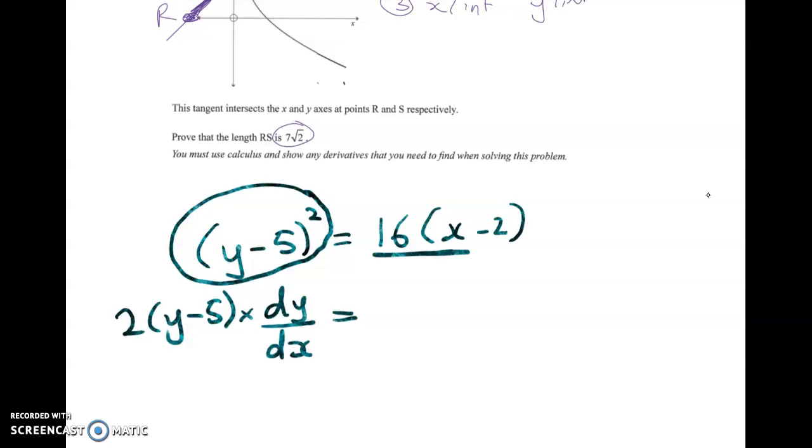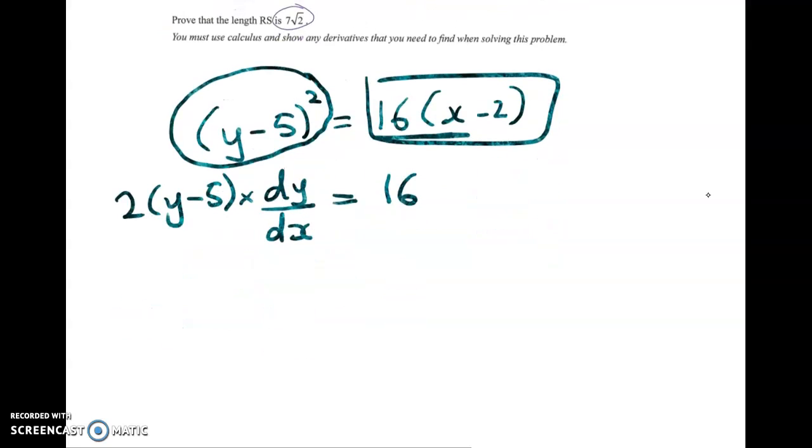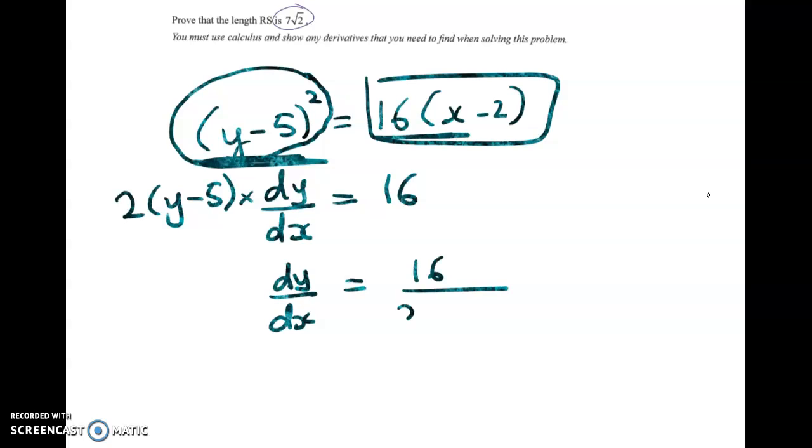Okay, and then here, this function is 16x minus 32 on this side. So differentiating this with respect to x gets me 16. Again, if you're watching and you've got no clue what's going on with the weird chain rule thing here, hang in there because I'll do it a different way in a minute. So now we get dy by dx is equal to 16 over 2 times y minus 5, which is just 8 over y minus 5.